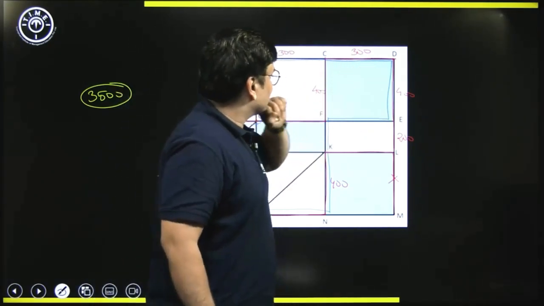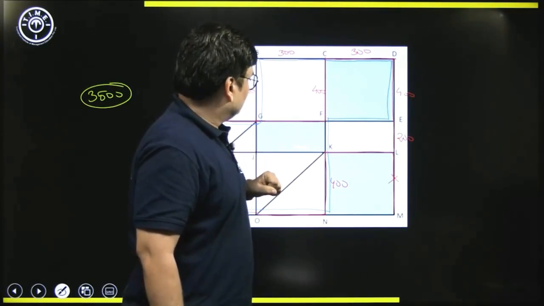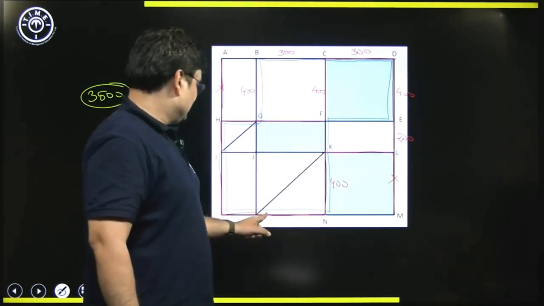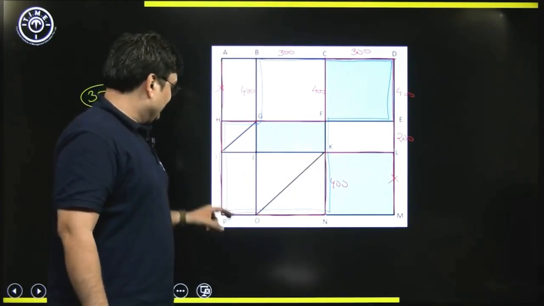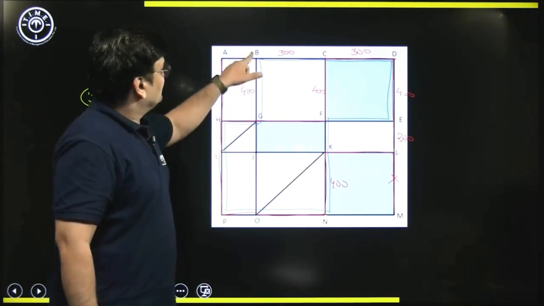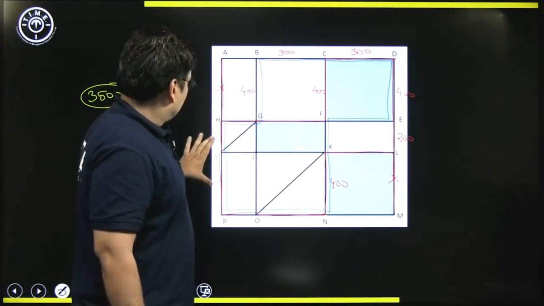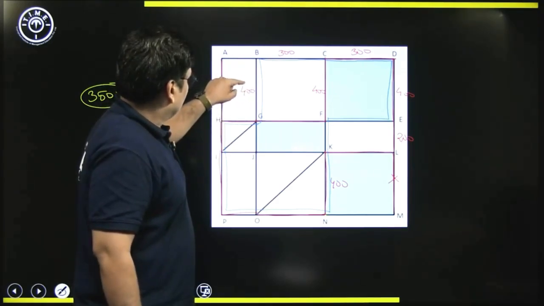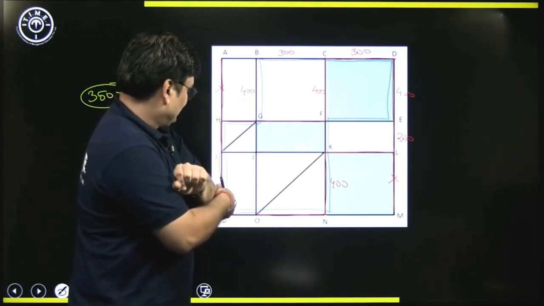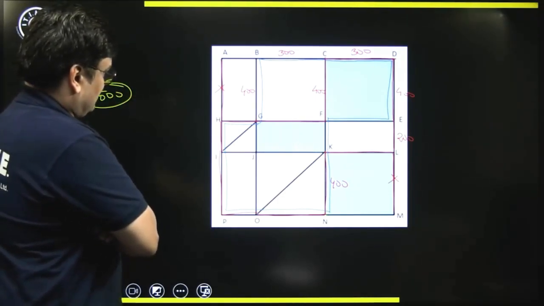So 300 and 400, 700, 700 and 300 is 1000, okay, 1000 and this is 200, 1200, 1600, 1900, 2200, 2200 and these two, 2600, 2600 and this is 3000, 3300, we are getting 200 less over B. Which part did we miss?